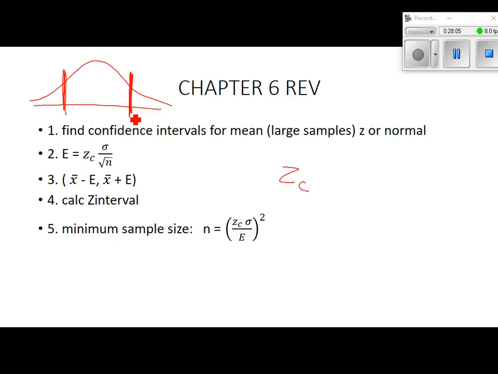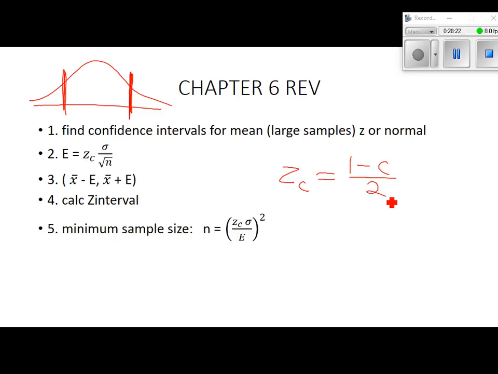And most of the time, those are the ones that we'll be using. But if we're trying to find it out longhand, then what we need to do is what we were just doing to find the area on that other one. 1 minus C divided by 2.